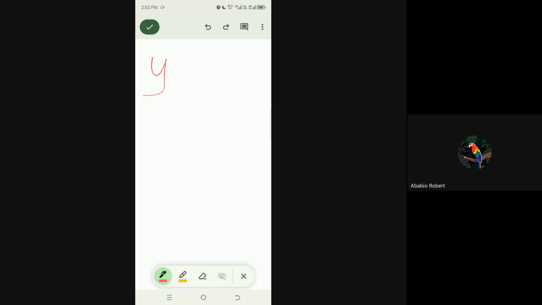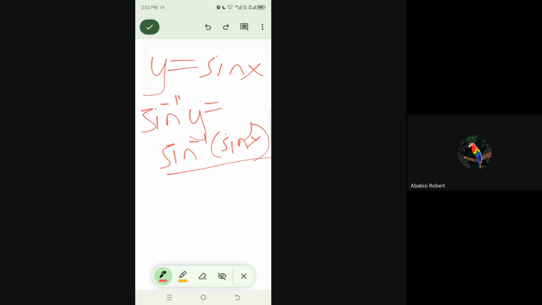So you have y is equal to sine x. You want to find sine inverse of both sides. Remember from f of f inverse of x, what should it give you? x.